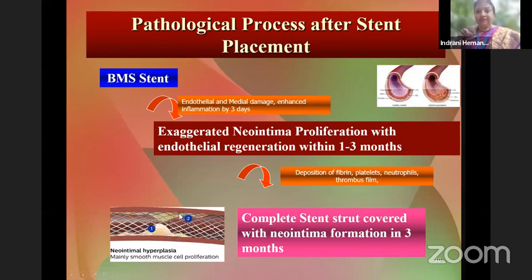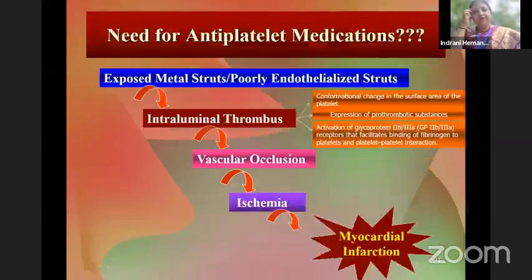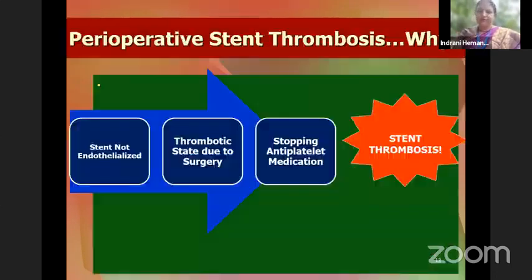So this is the reason why we need antiplatelet medication, because with a poorly endothelialized stent or with exposed metal struts, you can have conformational changes on the surface of the platelets with expression of prothrombotic substances, activation of glycoprotein 2B3A receptors that facilitates binding of fibrinogen to platelets and platelet-platelet interaction and platelet-leukocyte interaction, leading to an intraluminal thrombus, vascular occlusion, ischemia, and eventually myocardial infarction.